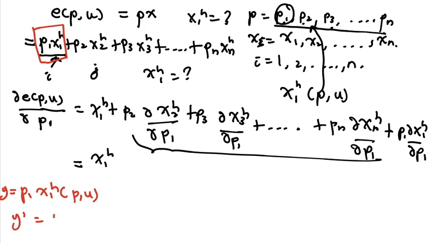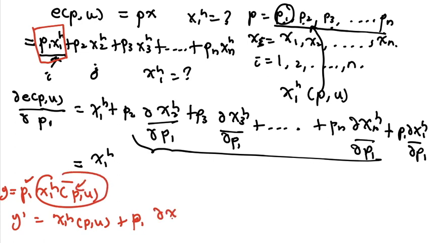Then we have x1h, and this one is differentiated, this one is constant. Now the next one after the plus sign, this one P1 is constant, this one is differentiated because it consists of P1 here, since x1h is a function of the vector of prices, including P1. So that's why you have this and this at the same time. You get me? All right.